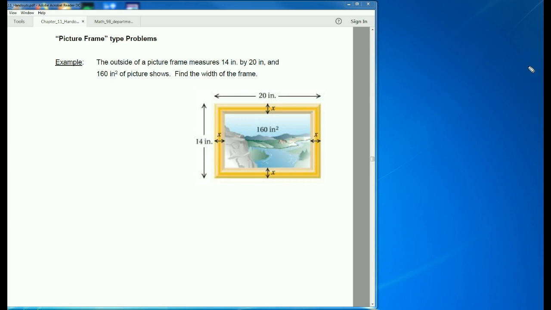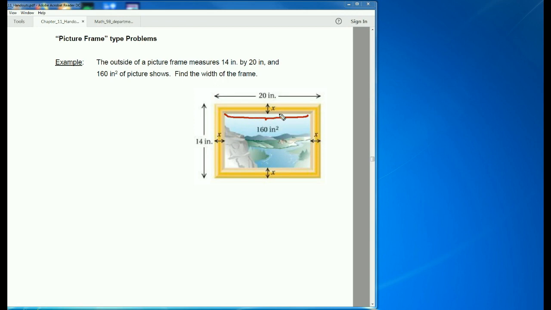Okay, so what we need to do is come up with an expression for the length and the width of just the picture, not including the frame. See, we know that this total length is 20, but this length doesn't include this part, x, or this part, x.